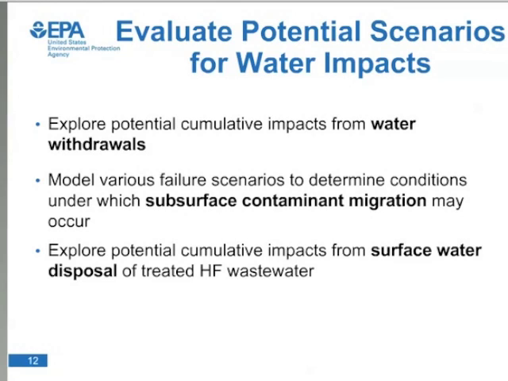We want to model various failure scenarios that might cause contaminants to migrate in the subsurface and potentially contaminate drinking water resources due to a well failure. Finally, we're exploring potential cumulative impacts from surface water disposal of treated hydraulic fracturing wastewater. This would occur if we are treating wastewater in a conventional wastewater treatment plant, and then mixing it back with regular surface water. What is the impact of that?